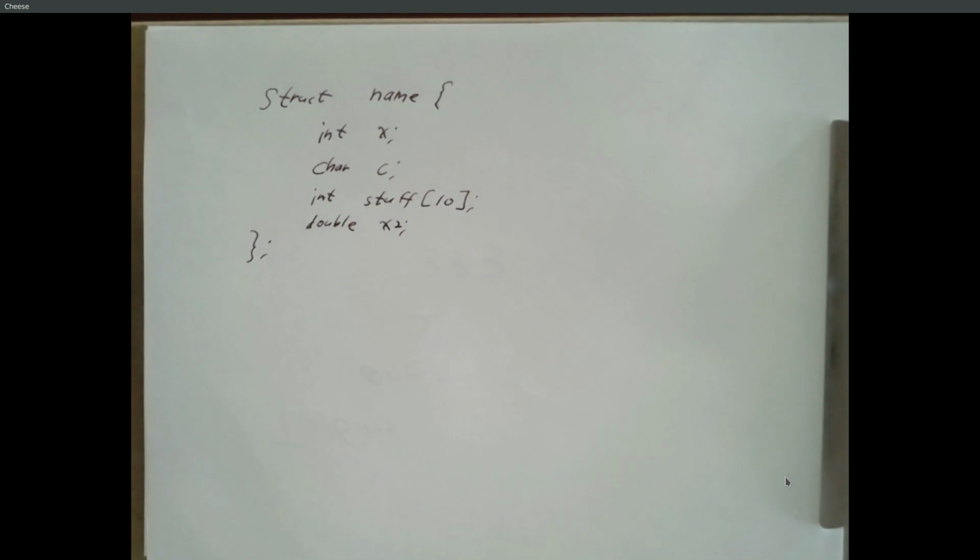Hopefully your variable names would be more meaningful than x, c, stuff and x2, but I don't want to use names that make you think the names are somehow significant.